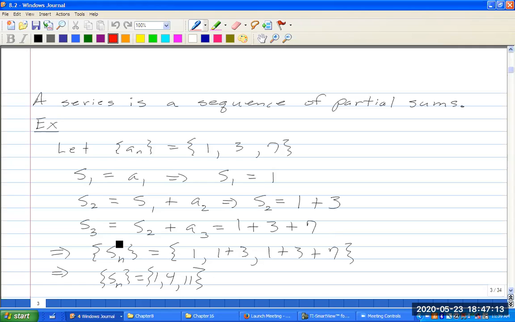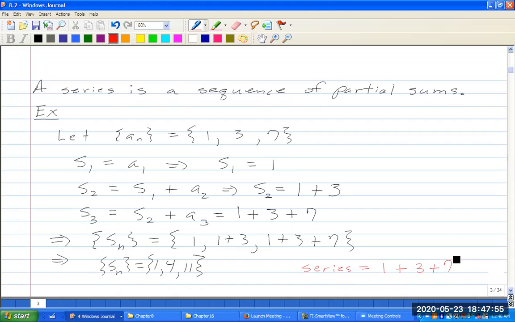And so my sequence of partial sums is just 1, 1 plus 3 which is 4, 1 plus 3 plus 7 which is 11. We usually call this last term my series. So usually we denote this last term in my sequence of partial sums and call that the series derived from the sequence 1, 3, 7.